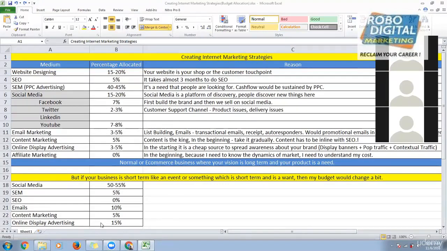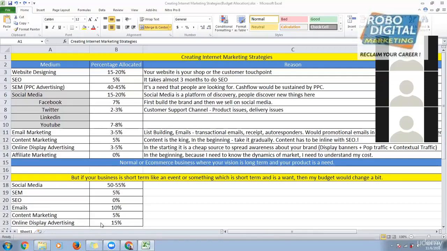Nobody intentionally wants to search about Auto Expo, so we give them a free kind of information. For that we need to pop up the things. So that's why pop-ups require approximately 15% of our budget.